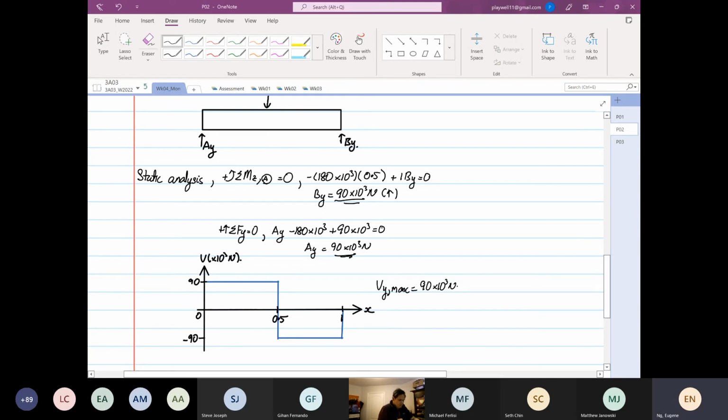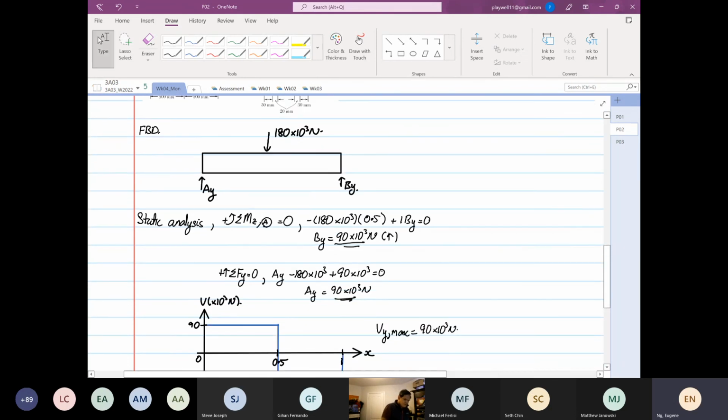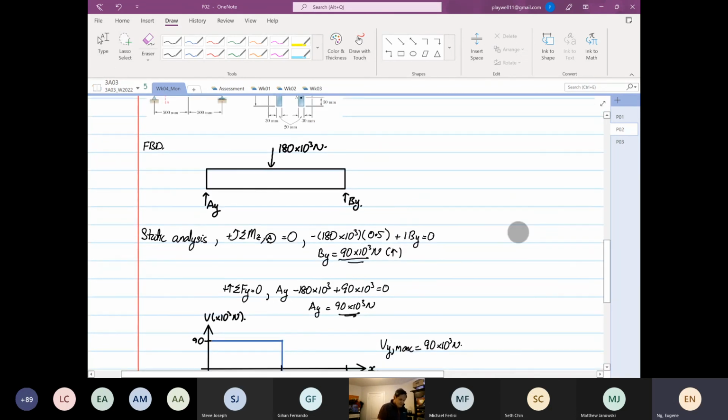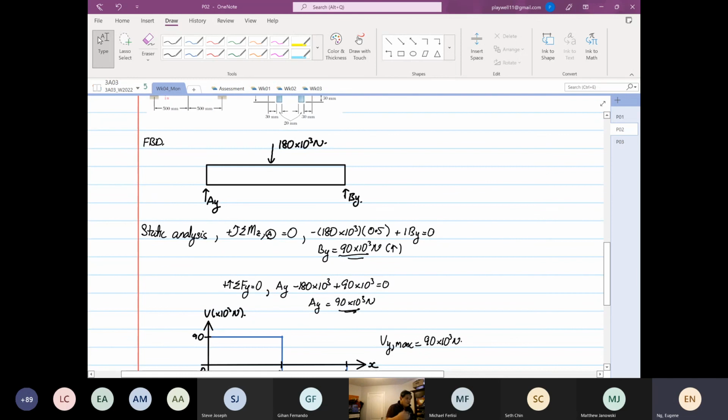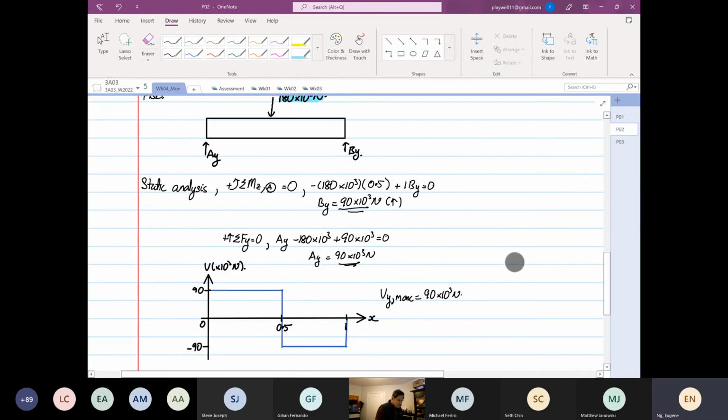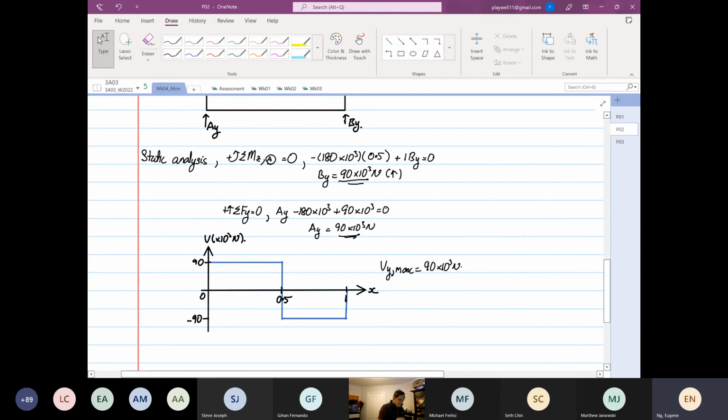Now, why I want to show this step is for this reason. A lot of times students, or even some engineers, graduate engineers, will use the 180 as the V max, which is wrong. By constructing your shear force diagram, the maximum V max will be 90.